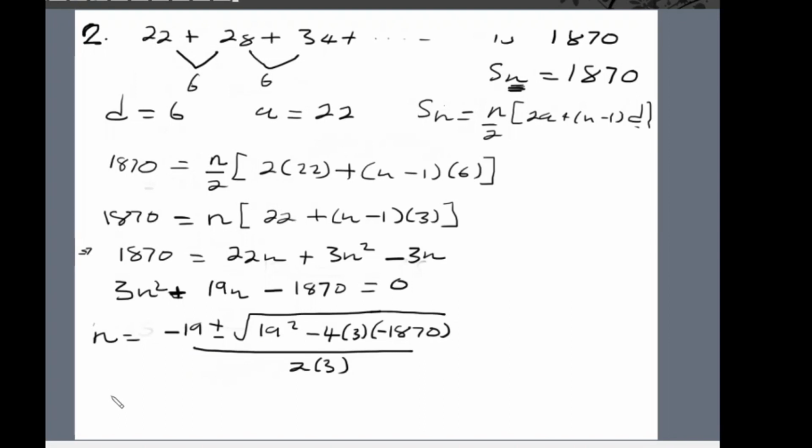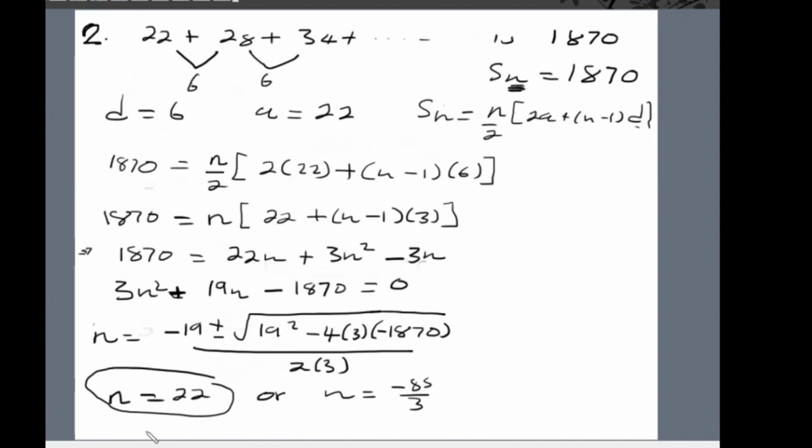Okay, so when you take your calculator you will find that n is equal to 22 or n is equal to minus 85 over 3, right? And then finally you must state that because you have two values of n, you will choose the positive value of n.